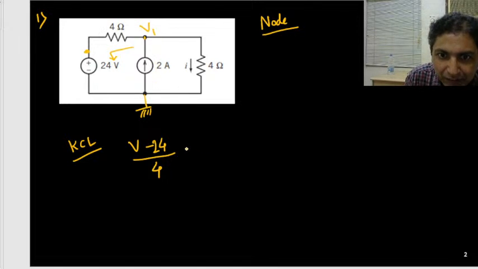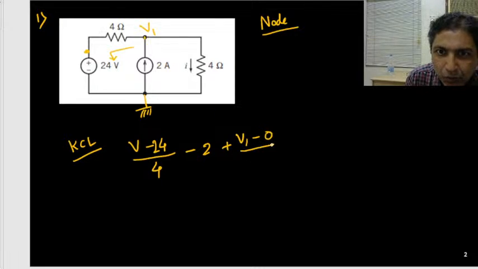So I can consider it as minus 2. Outgoing I am considering positive. Incoming I will consider negative. Okay. And this outgoing plus V1 minus 0, because there is no source, by 4, that is equal to 0.